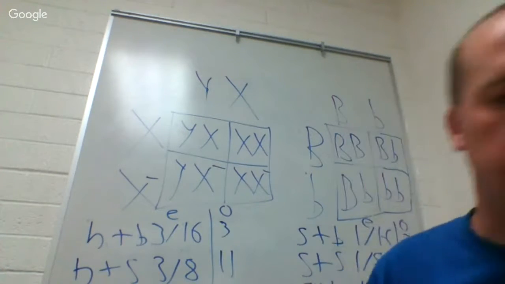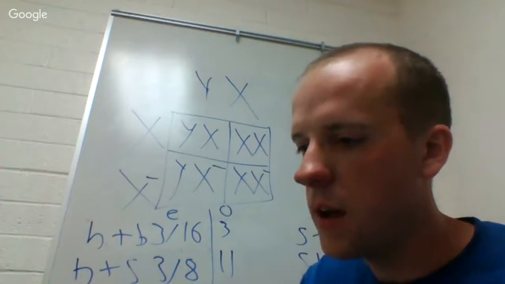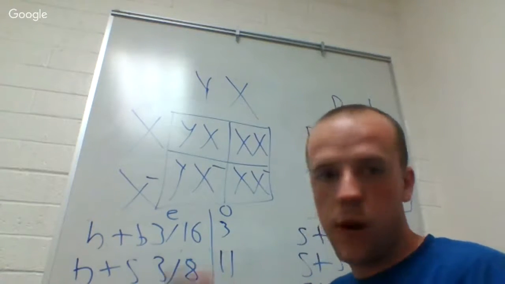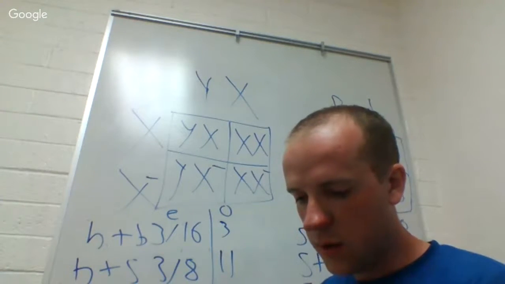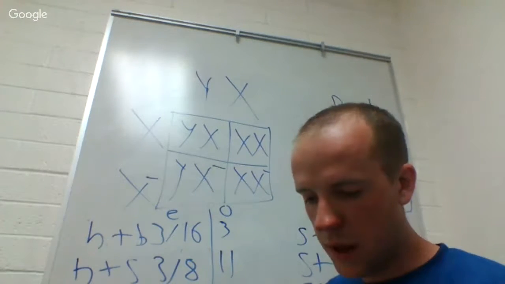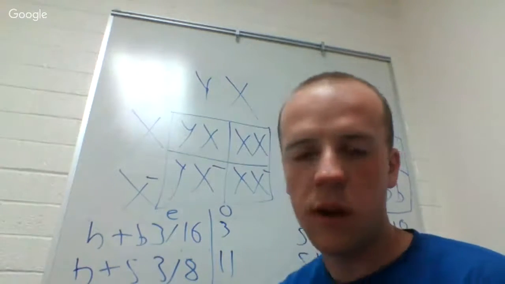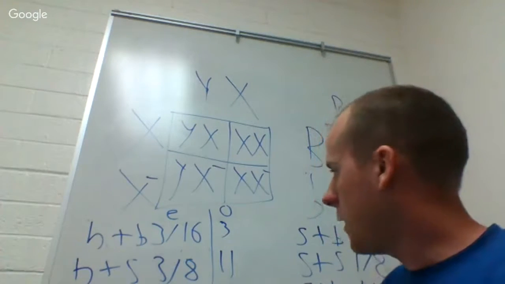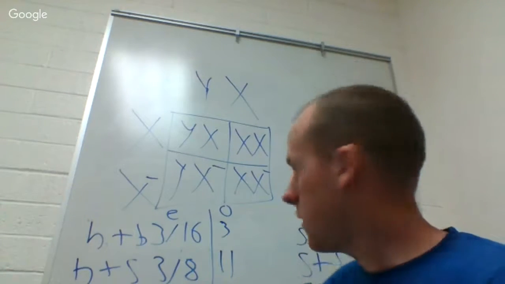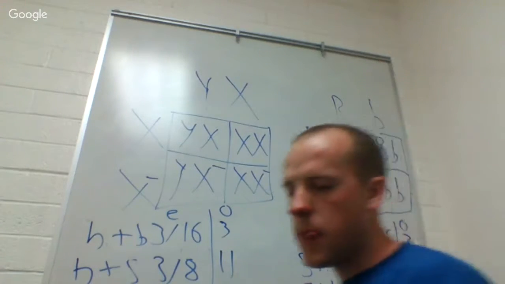I'm just going to do one because it would take forever to do all of them. You take 3 out of 16 and multiply it by 26, and you get 4.875. Do the same thing for 3/8 times 26, which would be 9.75, and so on across all of these.